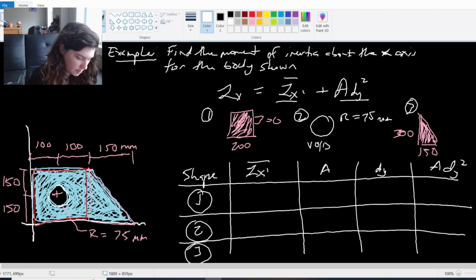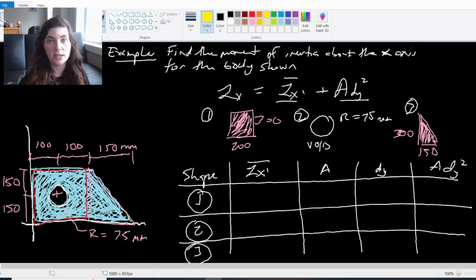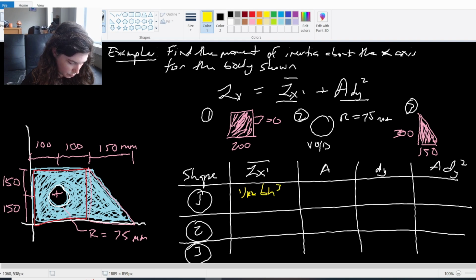Alright, so there's my table. Let's go ahead and start filling things in. For my rectangular shape, my moment of inertia about the x-axis comes from the table. Again, it's 1/12 b h cubed, so the general equation is 1/12 bh cubed.